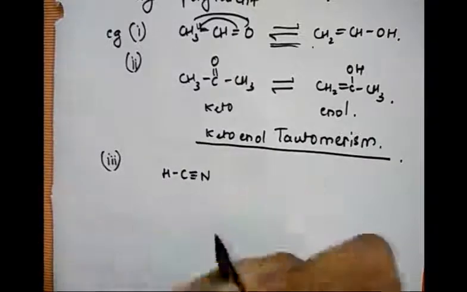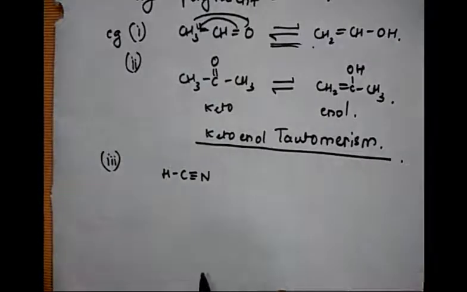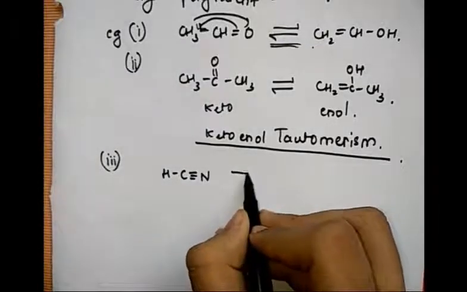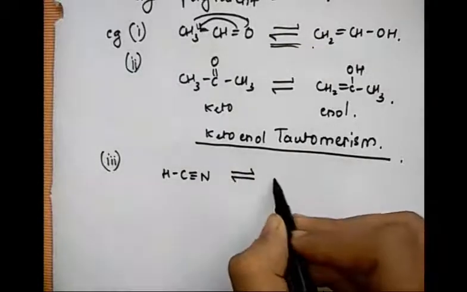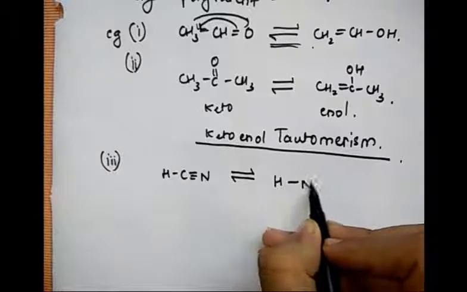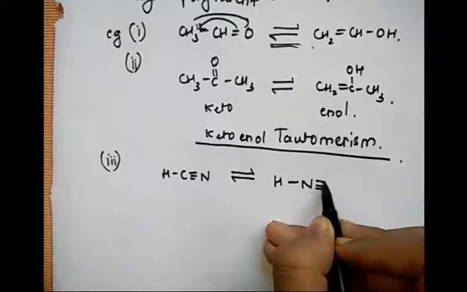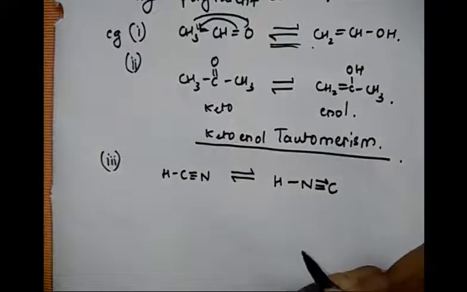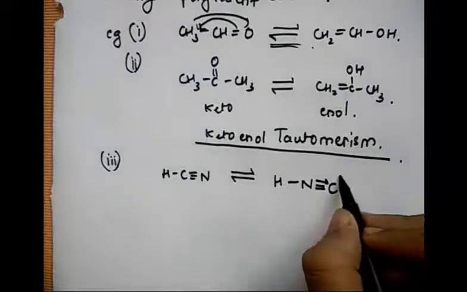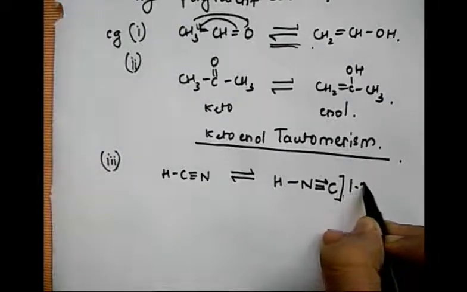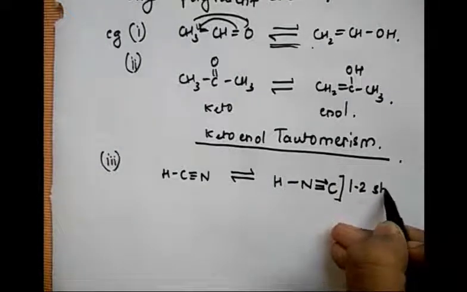Now the third example, HCN. This also is a special type of example. If we interconvert it, it becomes HNC. This is called 1,2 shift.